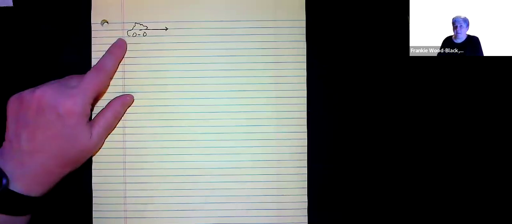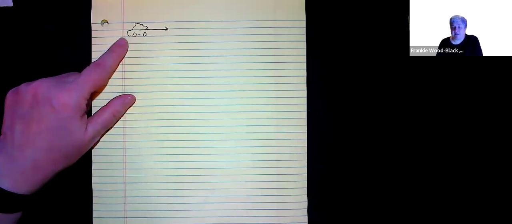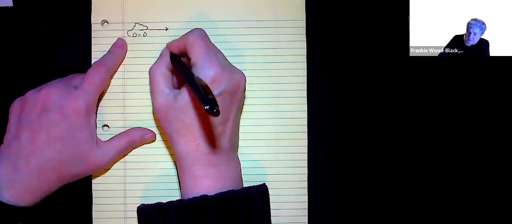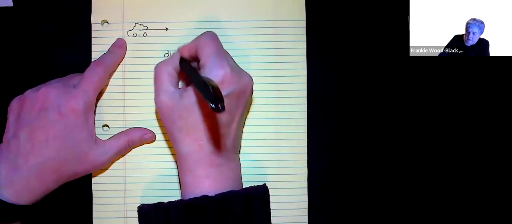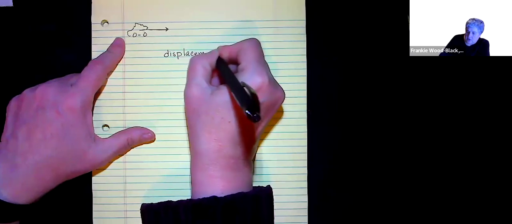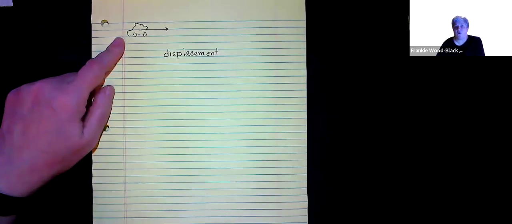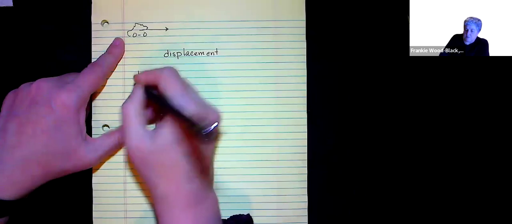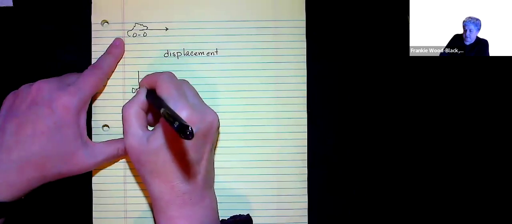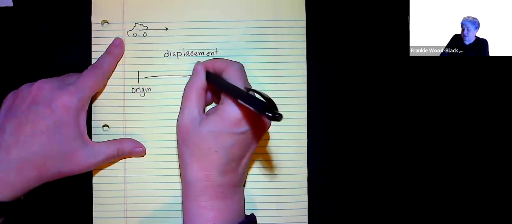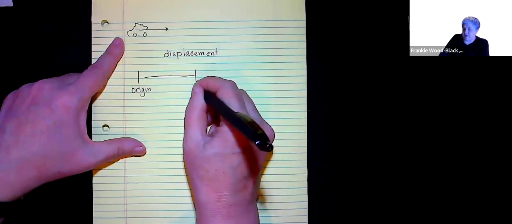So I've got my motion in my car, and we've done that problem a long time. So let's talk about the concept of displacement. If I'm walking or moving down the road, I have some origin here, and I'm going to move away from the origin and end up at some final place.